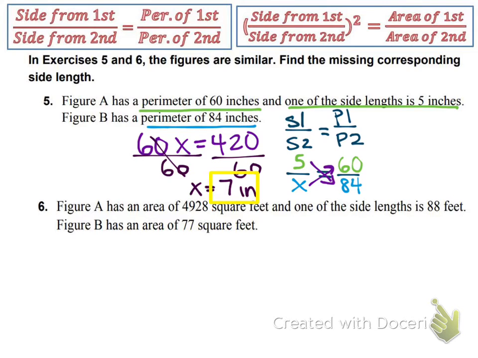The second one, which formula are we going to use? The area formula. So side 1 over side 2. What's happening to the sides? Squared equals area of the first over area of the second.